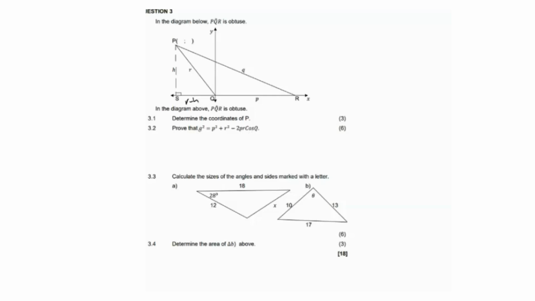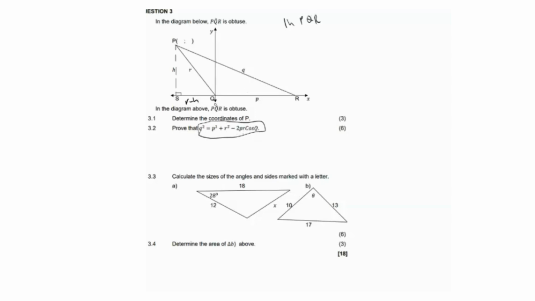So basically here they want us to prove the cos rule. So you can see by virtue of this Q squared, P squared, R squared, that they are doing this in this triangle PQR. So which means that we must use the triangle PQR when solving for this.